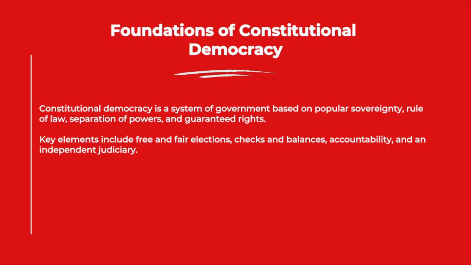Key elements include free and fair elections, checks and balances, accountability, and an independent judiciary. Constitutional law as the framework for democratic governance. The Constitution defines governmental powers and limits. Rights enshrined in the Constitution are vital for maintaining political freedom, tolerance, and inclusivity.